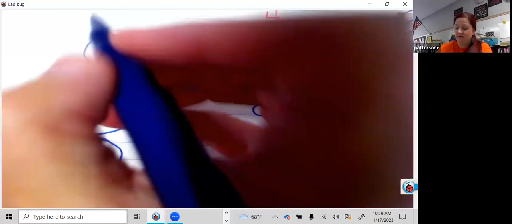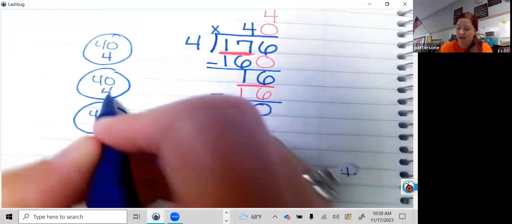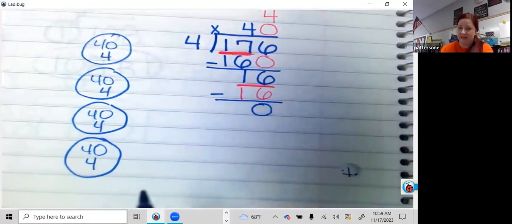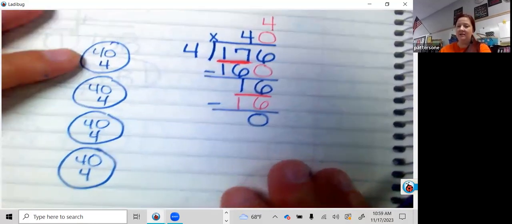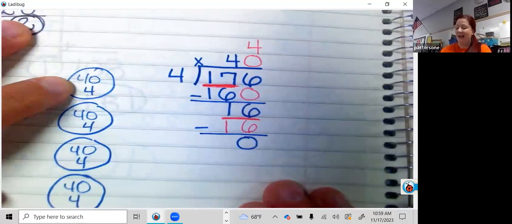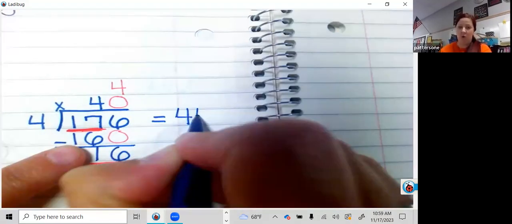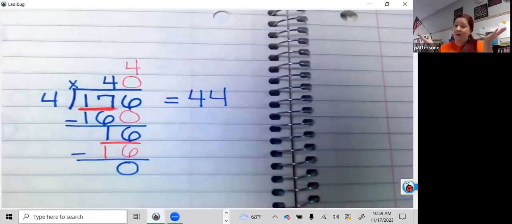Then I gave them 4, 4, 8, 12, 16, which was the 16 pieces of candy I gave them. And I was left with none. Each kid got 44. So my answer is 44. No remainder. I don't have to write remainder 0. If there's not a remainder, I don't have to say anything about it.